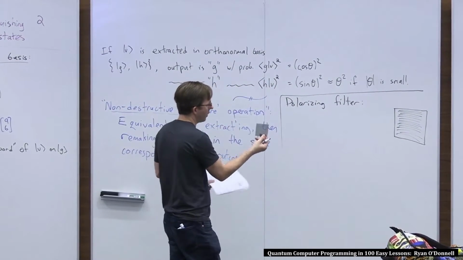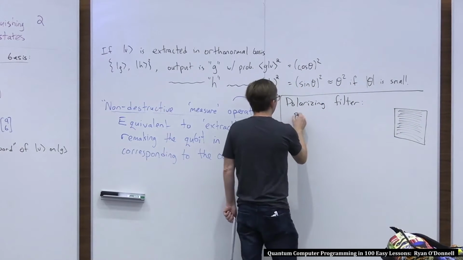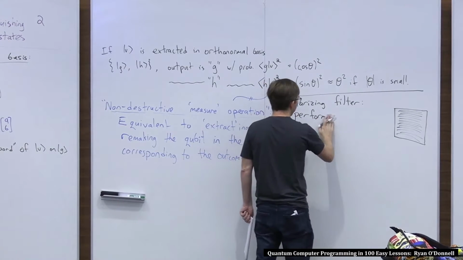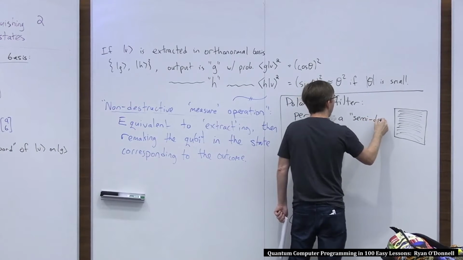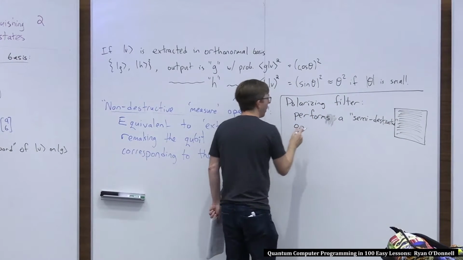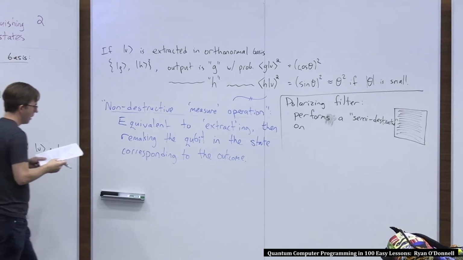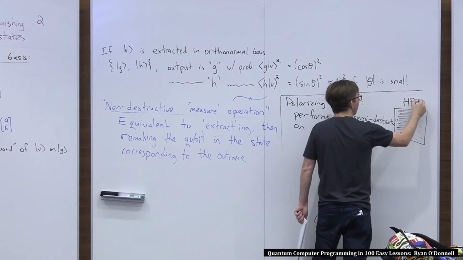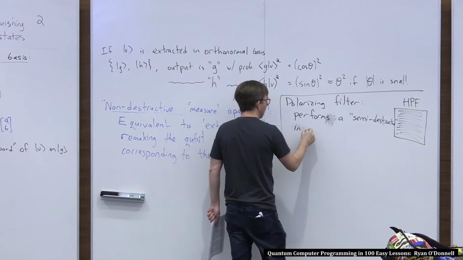But if you hold it like this, where they're going horizontally, this thing performs, we talked about non-destructive and destructive measurements, a semi-destructive measurement on qubits that are encoded by the polarization state of photons. So when it's held horizontally like this, I'm going to call this a horizontally polarizing filter, HPF. It performs it in the standard basis.